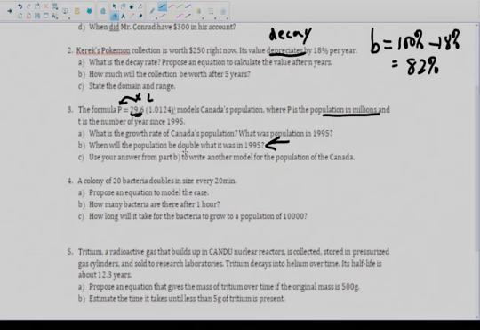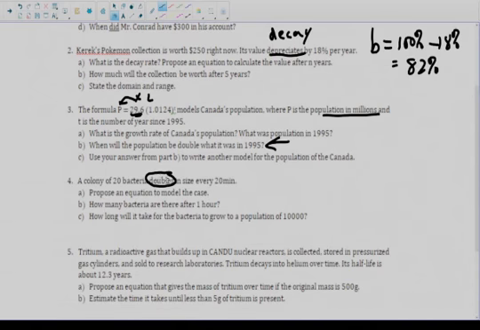Is what does it mean by doubling? If this had been triple, I would triple my population, right? And the word double will come up in other scenarios too. But anyway, I'll let you discover that a little bit on your own too. A colony of 20 bacteria doubles in size every 20 minutes. Okay? I said I'm going to let you discover it on your own, but I don't think I'm going to do that because it's right here.